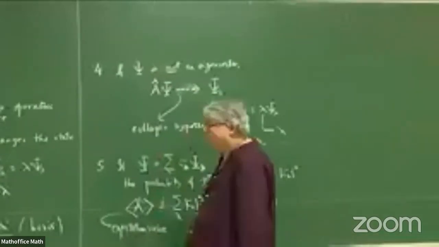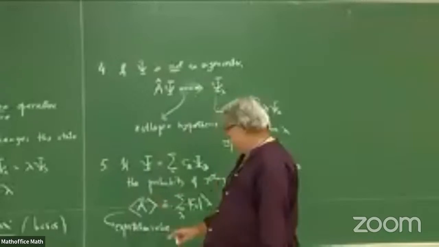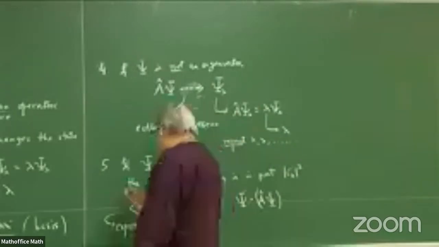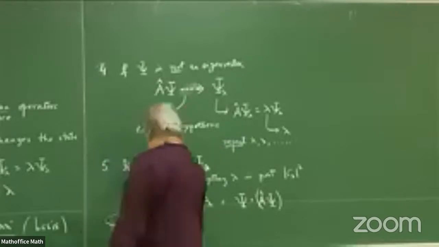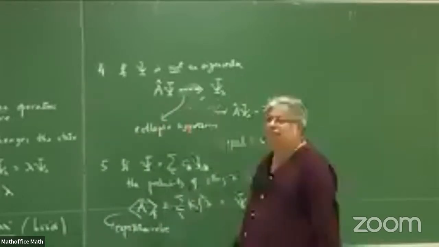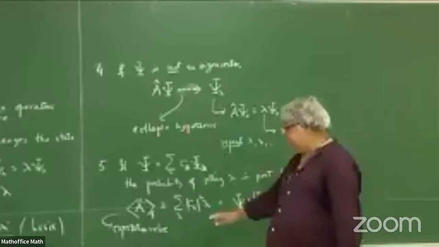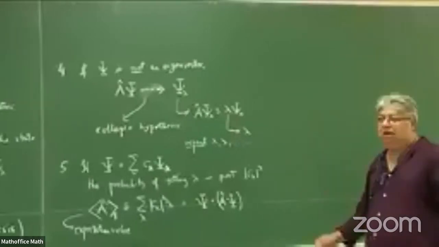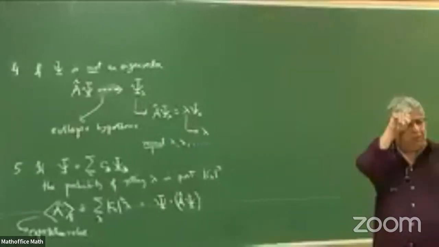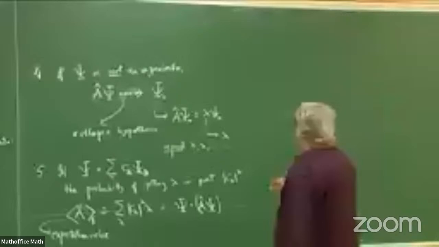So it depends on psi. Yes, it depends. That's right. That point is important. So perhaps you could put a little psi here. For a particular state, the average will be this. For a different state, you'll have different C's, so you'll get a different average.